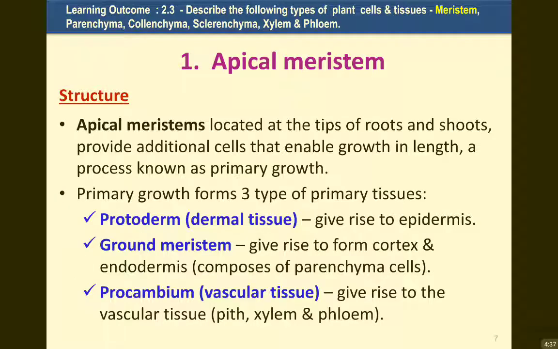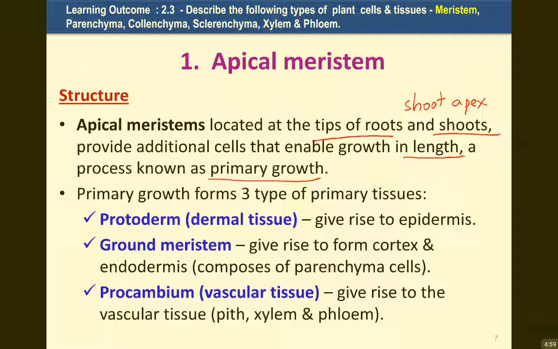So for the first one, apical meristem, located at the tip, root tip, and the shoot apex. Okay, we always call it shoot apex. That is the tip of the shoot. Provide additional cells, enable the growth in the length for the plant to grow tall, for primary growth.